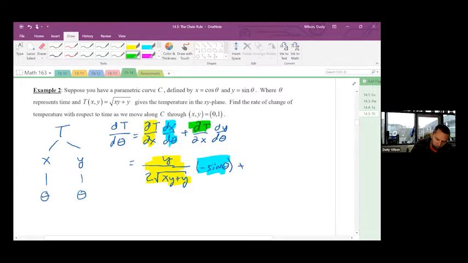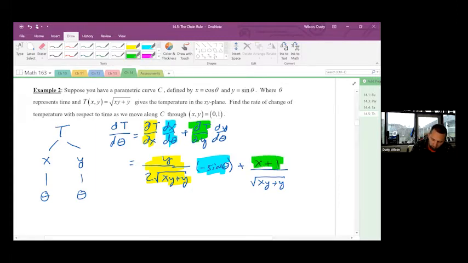Plus a partial of T with respect to y. How interesting, another typo. That will be something divided by 2 square root of xy plus y. Our numerator is going to be the partial derivative with respect to y, which would be x plus 1.